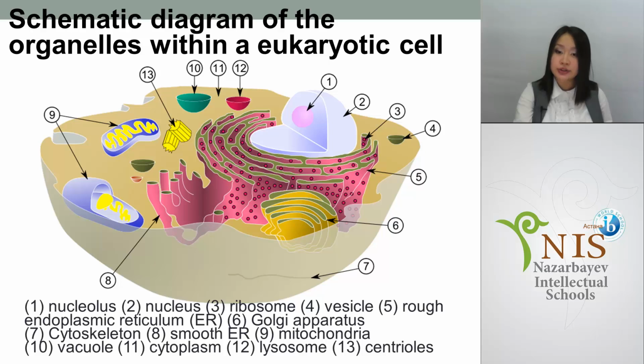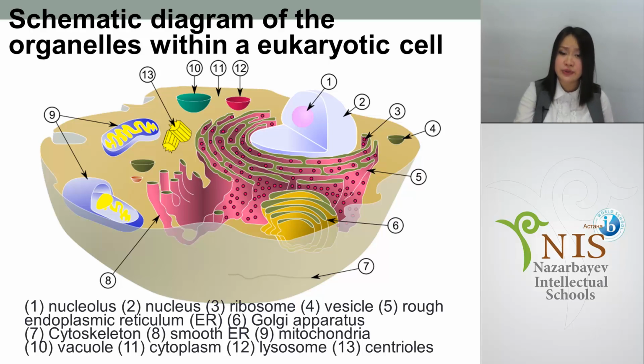Just look through. Label 1 is the nucleolus. Label 2 is the nucleus. Label 3 is ribosomes on the surface of the endoplasmic reticulum. Number 4 is a vesicle.